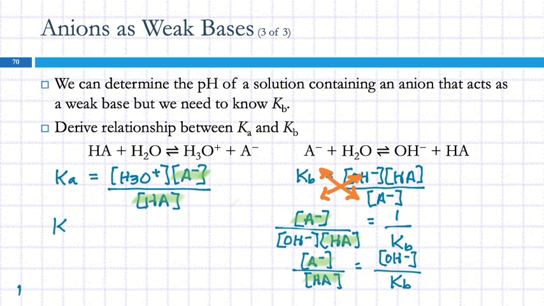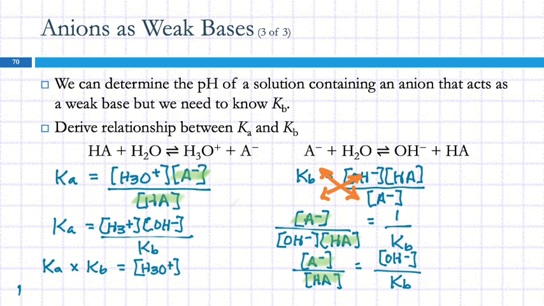So Ka is equal to H3O plus times OH minus over Kb. Ka times Kb equals H3O plus times OH minus. And what does this equal?